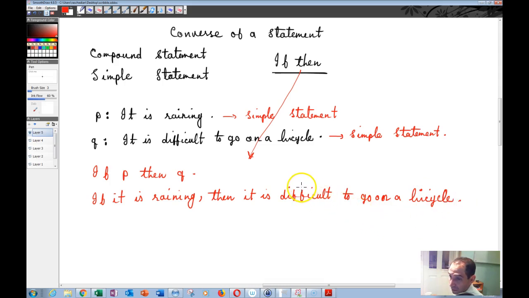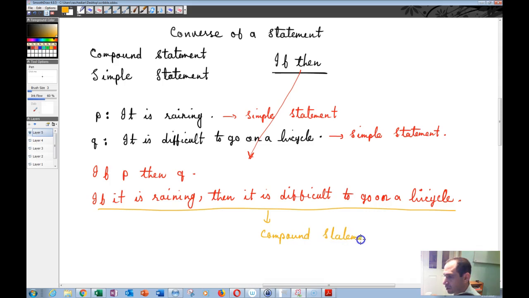Now this statement is called a compound statement, because it's a combination of two simple statements using if and then.